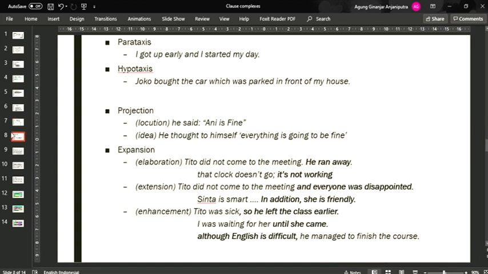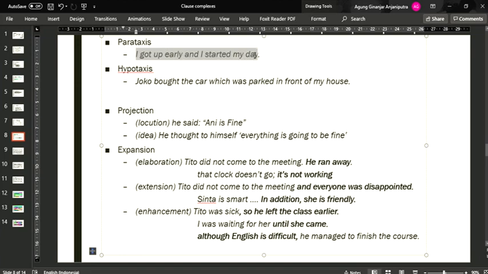So, for example, I told you earlier that parataxis refers to coordination, then we use and. So these two clauses are equal. That's parataxis.